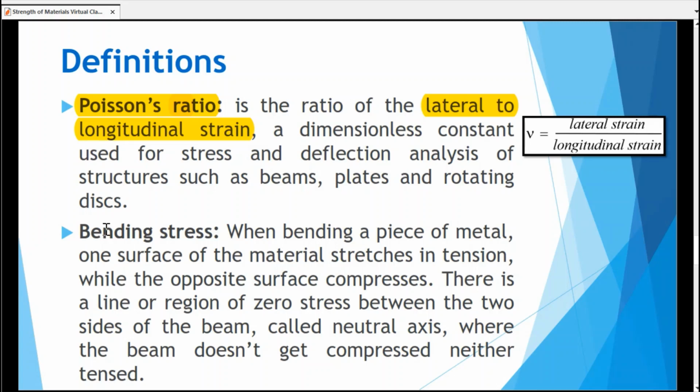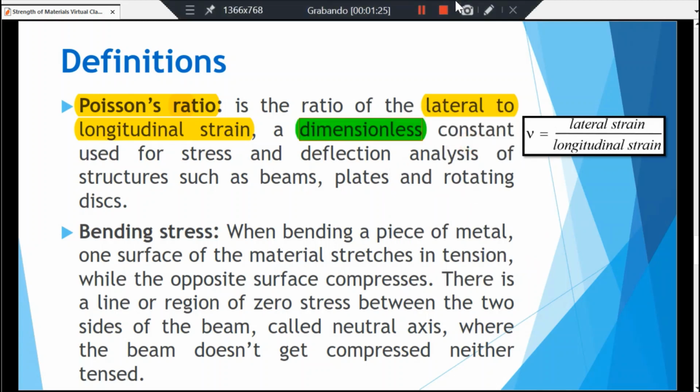Since we are making a relationship between two sides, we have something dimensionless again, right? We don't have dimensions because we are making a relationship of two distances, right? We will check this in a little graph just to make it easier to understand. So it says it's a dimensionless constant used for stress and deflection analysis of structures such as beams, plates, and rotating discs. We will talk about the beams later on, okay?